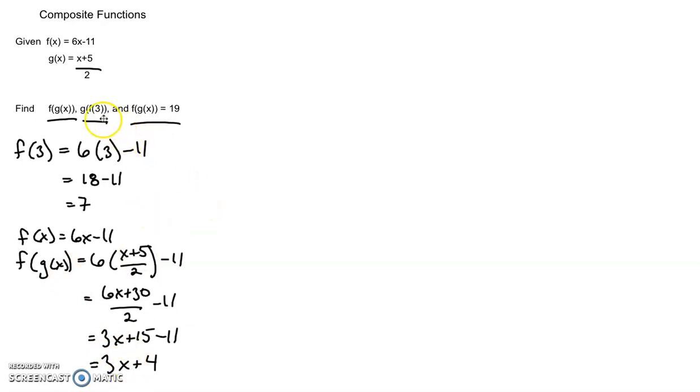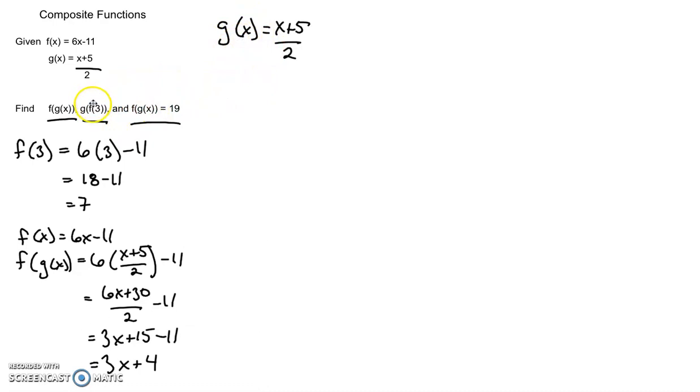Our next question asks us to find g of f of 3. So again, we're going to start with what we come to first. We come with what's on the outside, and that's our g function this time. So g of x equals (x plus 5) divided by 2. We don't want g of x, we want g of f of 3.